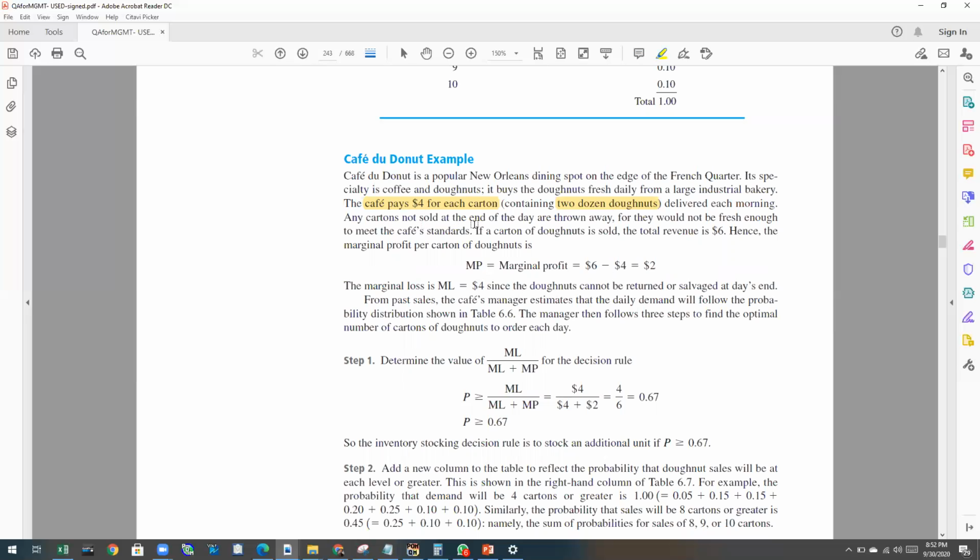Any cartons not sold at the end of the day are thrown away because they would not be fresh enough to meet the cafe's standard. If a carton of donuts is sold, the total revenue is $6. So 6 minus the cost of 4 gives us a marginal profit of 2.